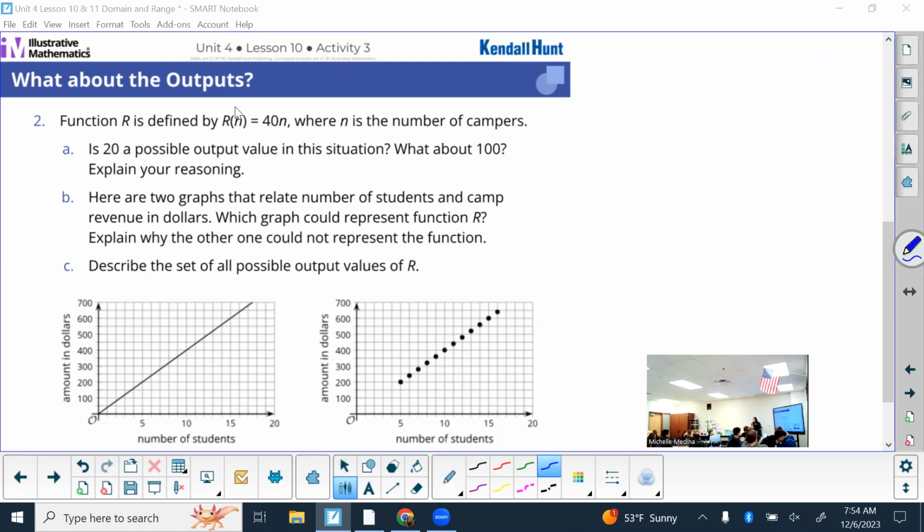So this would be really good for your test stuff coming up. But looking at these two graphs, do you think it would be better represented as a continuous line or a bunch of dots? We'll talk about that in your groups. We've talked about campers. You can't have fractions of campers.